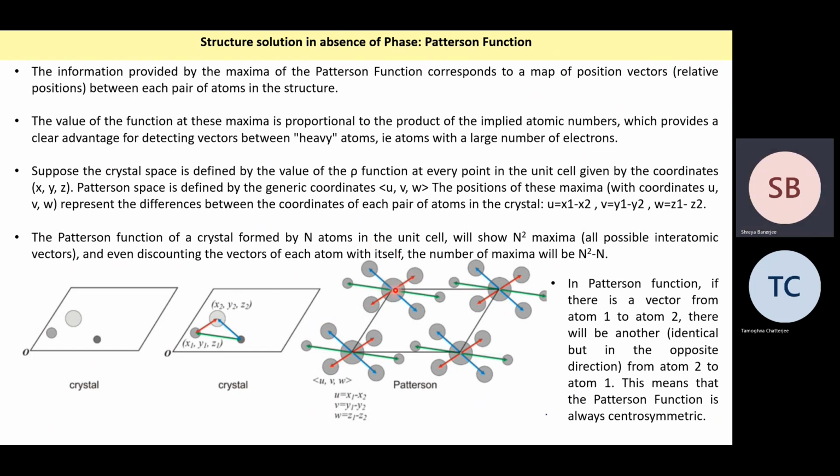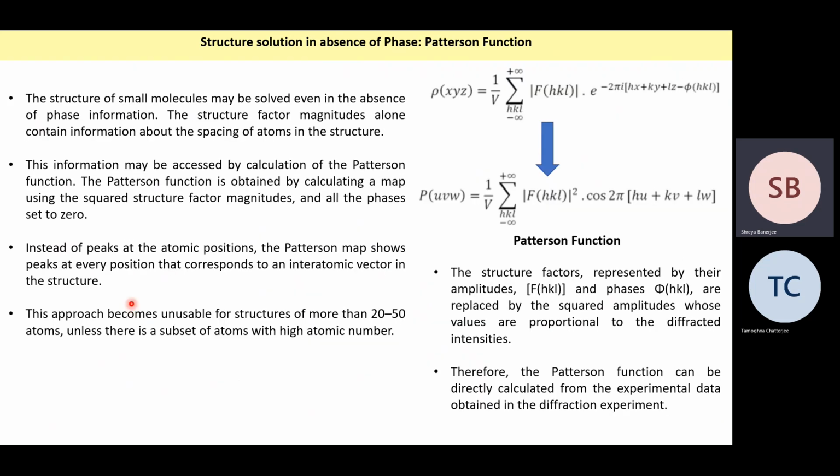If you consider this crystal structure and an interatomic vector from the middle atom to this side atom, the Patterson function will give a peak corresponding to this. So it is basically the relationship between atoms that is shown by the Patterson function.